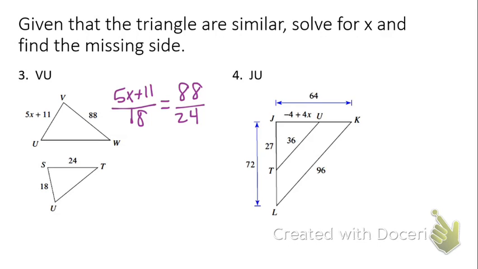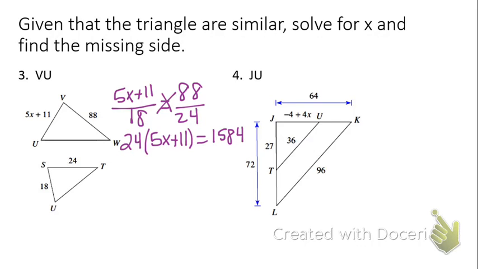And these are a little bit tougher, but just like the last ones, we want to cross multiply. So we're going to have 24 times 5x plus 11 equals, and then 88 times 18 is 1584. And then if you want to distribute that 24, you can.